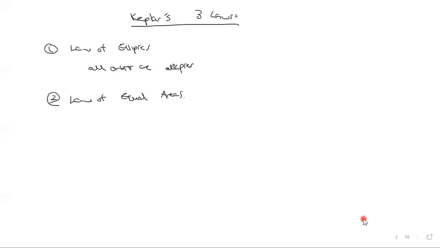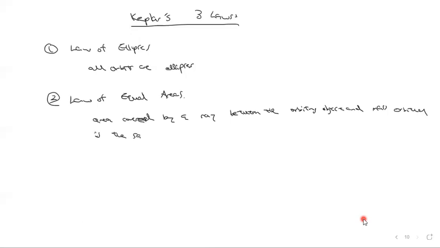The law of equal areas basically says that the area covered by a ray between the orbiting object and the mass orbited is the same for each unit of time.